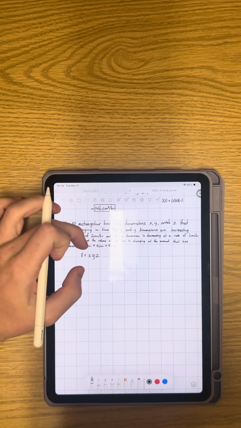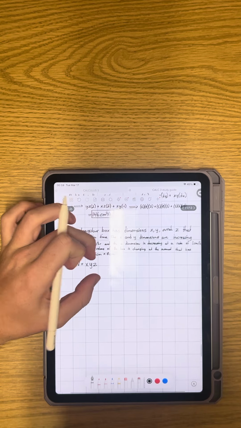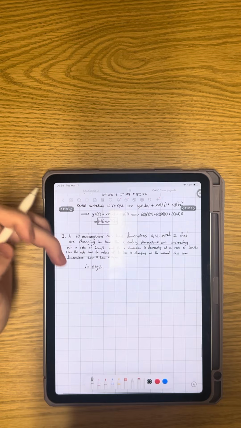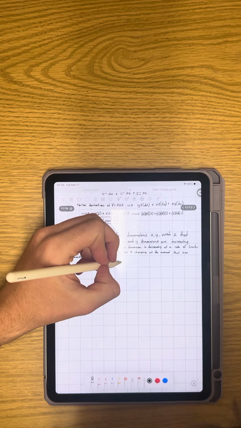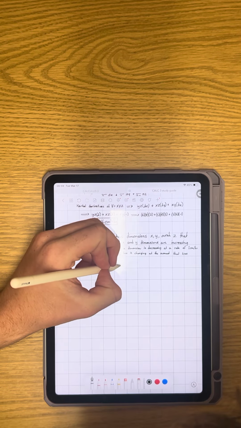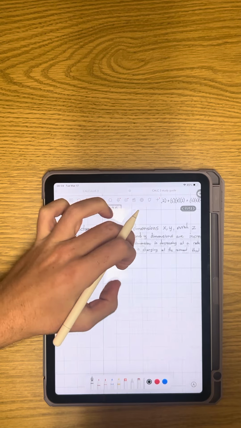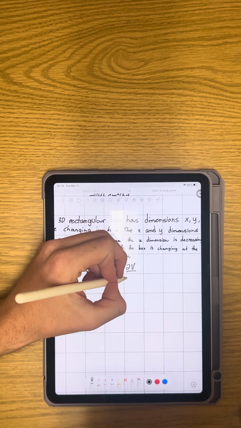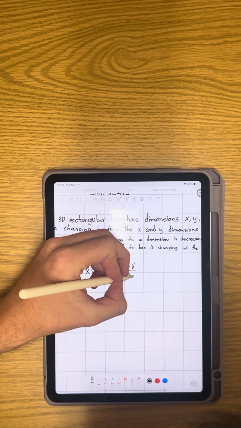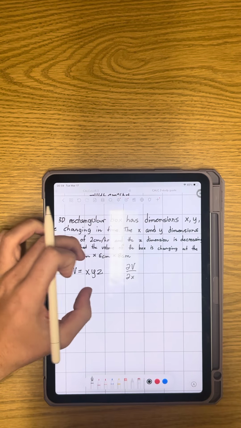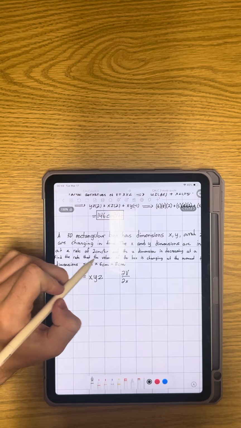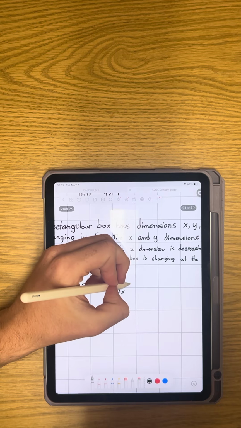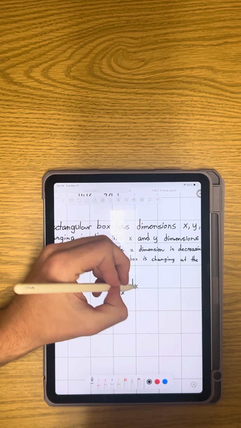From there, we can also see that we can build the basis for the equation that we'll use to solve this. So what we'll do is we'll get the partial derivative with respect to volume of x times the rate of change, which we are already given very nicely, which in this case is dx.